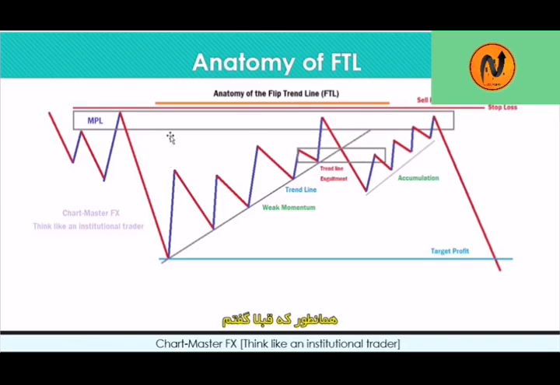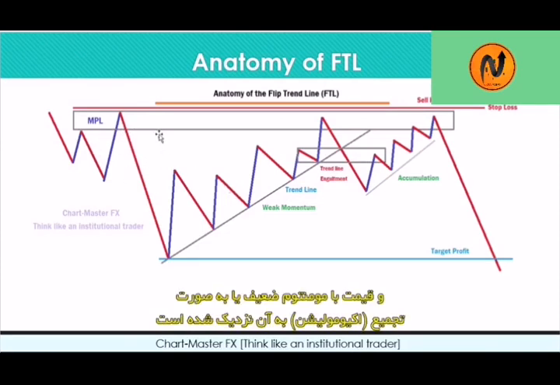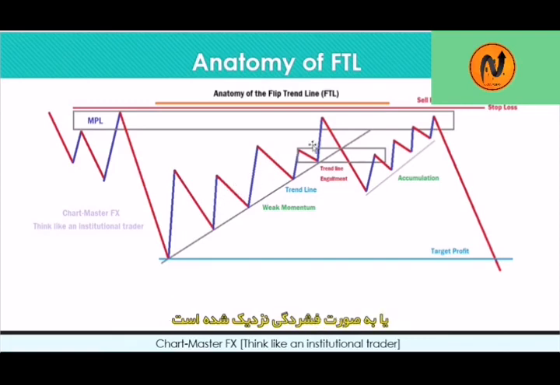So as I've said before, the first thing is to look for a past reaction that is valid. So here we had an MPL. As we had an MPL, the price approached the MPL in a form of weak momentum, or it might be accumulation, or it might be compression. So as the price is approaching the MPL, there should be a valid or a clear trend line here of at least 2 touches.